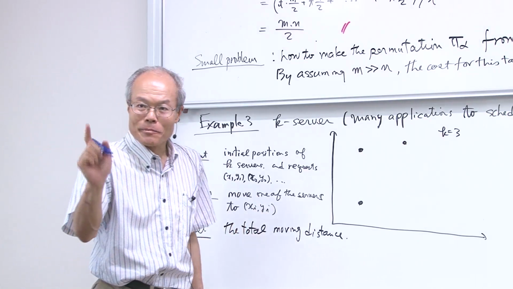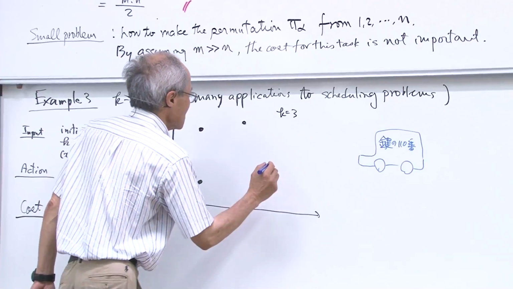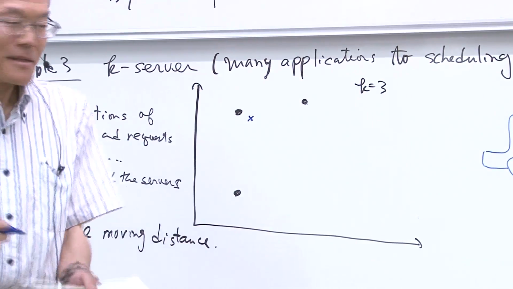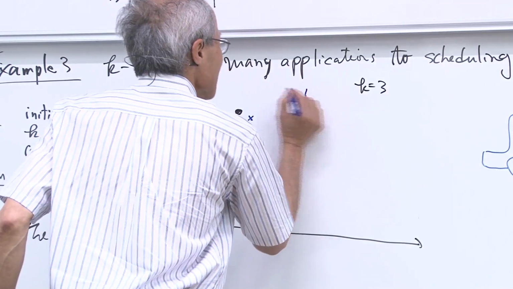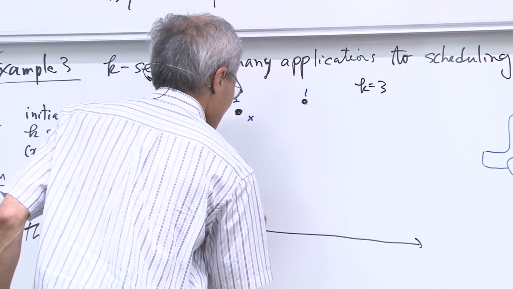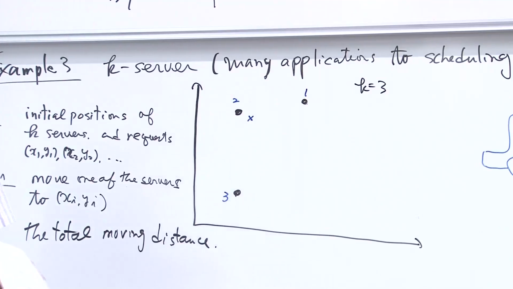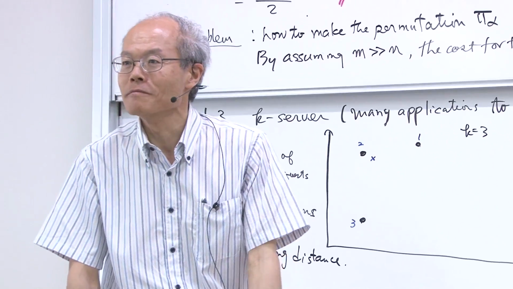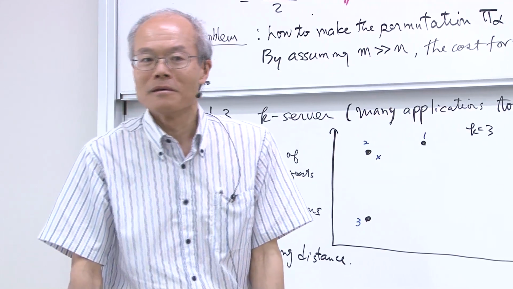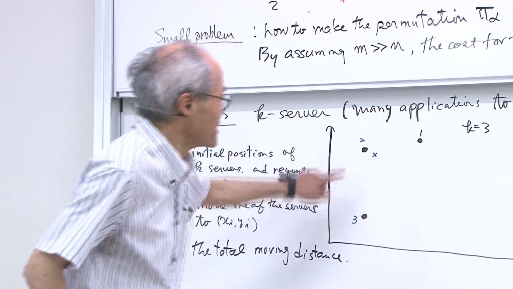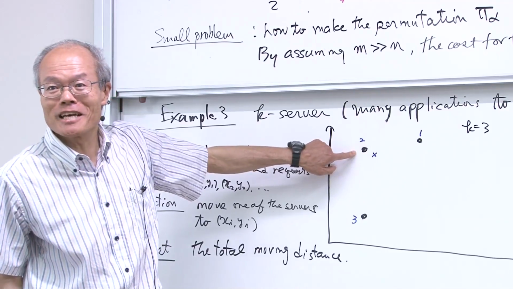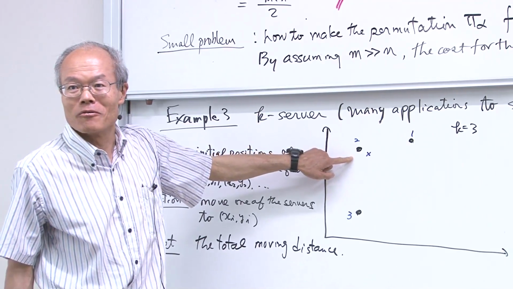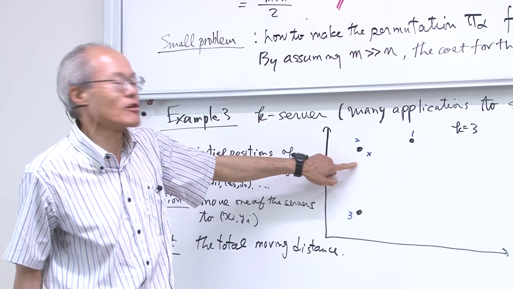Suppose that the first request comes here. This is server 1, server 2, server 3. So what is the algorithm? Which server would you move? 2. Exactly. 2 is closest. Okay, so this is the most natural algorithm.